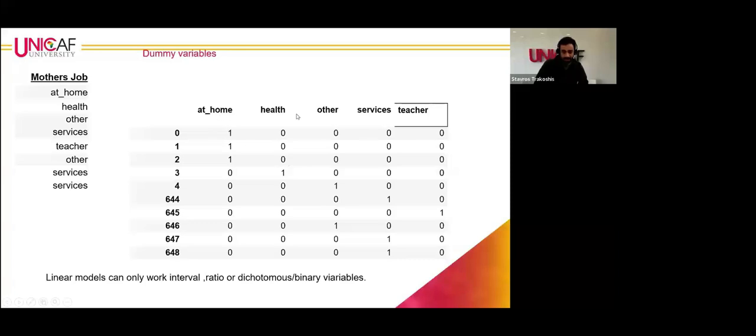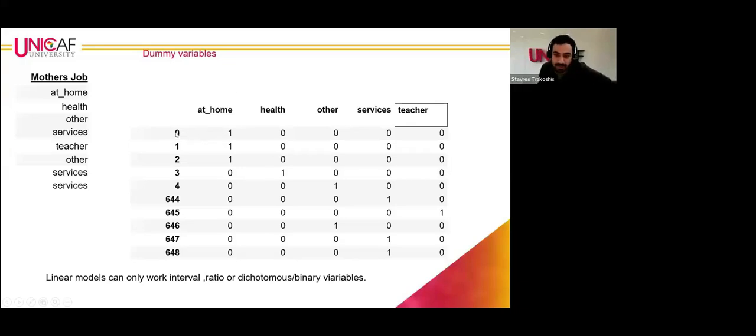And for each dummy variable, so if this person here, my first observation, this is another kind of data set that shows mother's job, and it's from this data set with the schools.